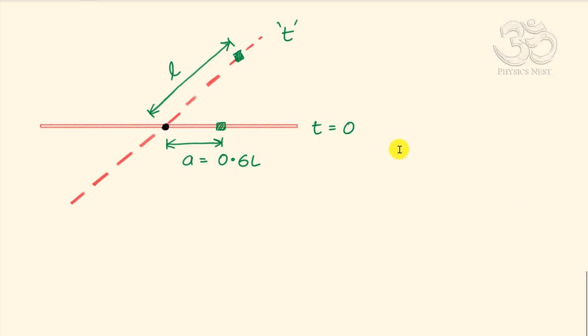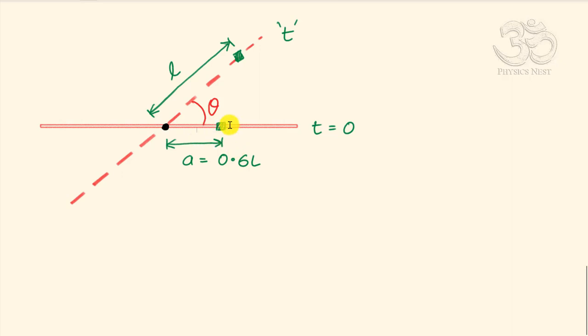What this observer draws is maybe a diagram of this kind, where the rod at t equal to 0 is aligned with the x-axis, and at some other time t, the rod has turned by some angle theta, where theta is not easy to find out because the angular speed of the rod in this case is variable.